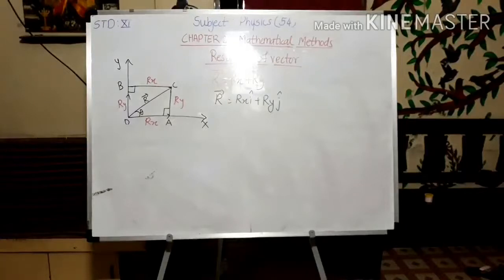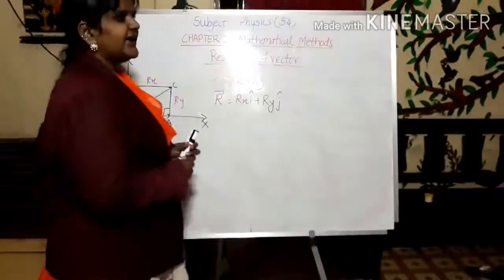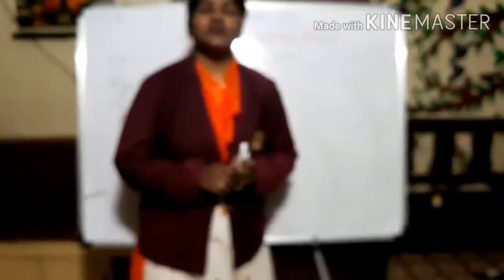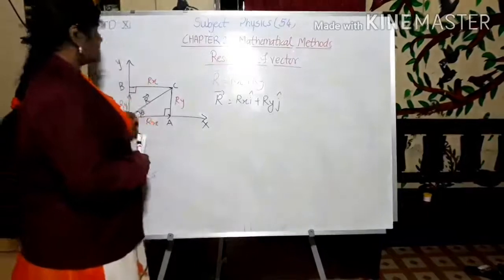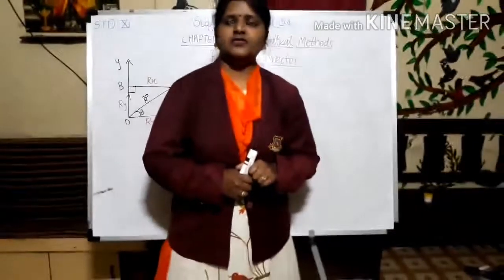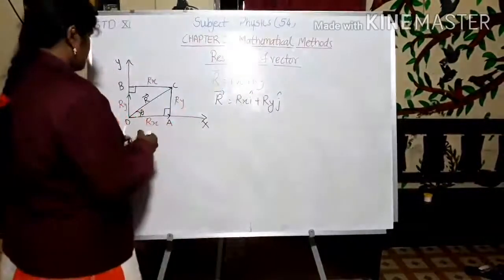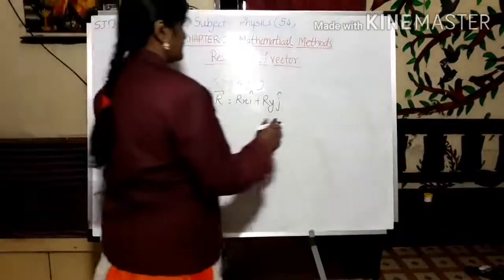Now we are going to consider the two triangles. First we'll consider one triangle and find out the angles for it. We can see theta here, so I will find out sin theta, and secondly cos theta. First we move to triangle OCA.